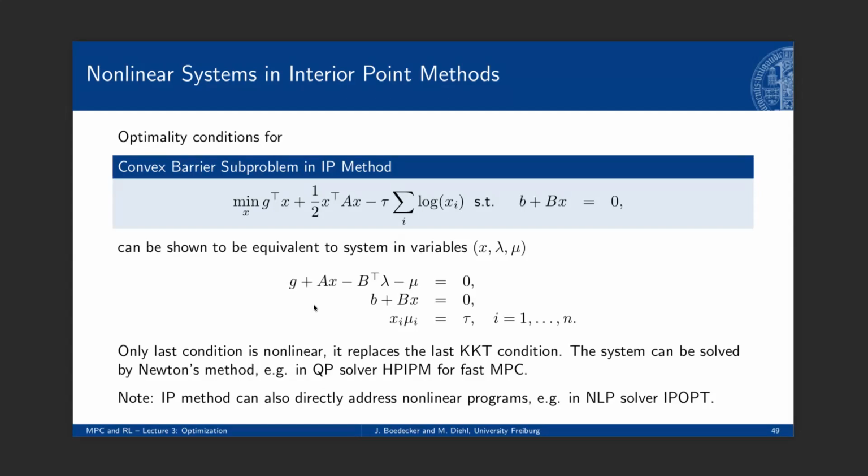And I should say, and that's also important for the exercise in this course, that this whole idea of interior point methods, which is more theoretically founded for convex problems like QP here, you can also apply directly to nonlinear programs. So you could also say, hey, let's not think about SQP and so on, but directly add the barrier to your nonlinear function and then apply Newton's method from the beginning and do the path for the nonlinear problem.